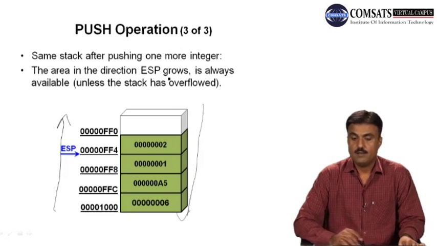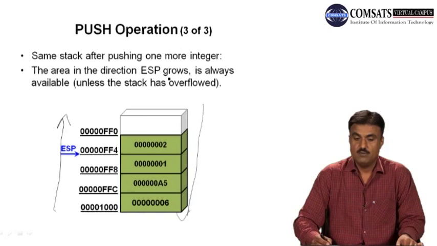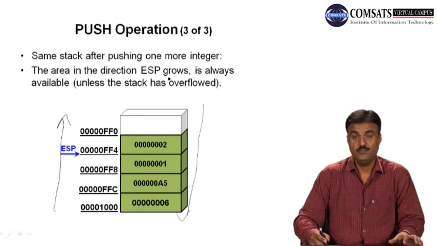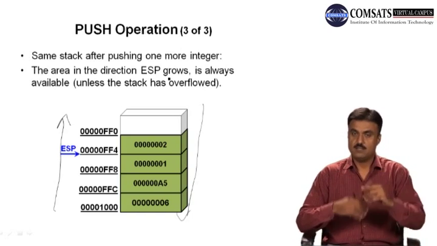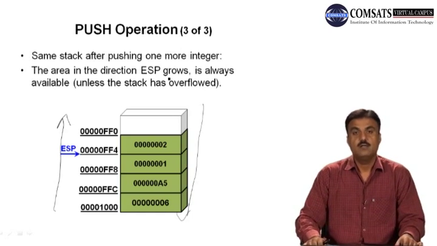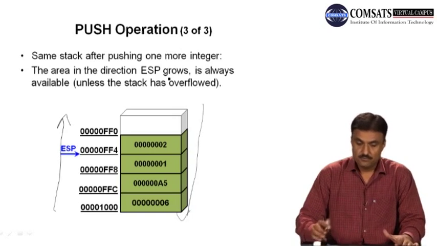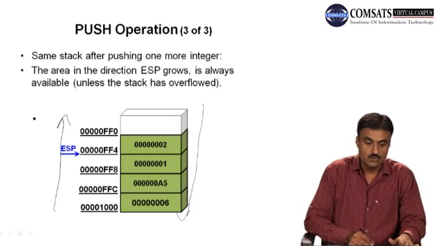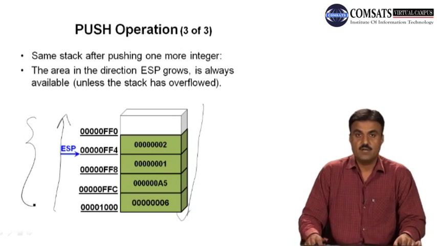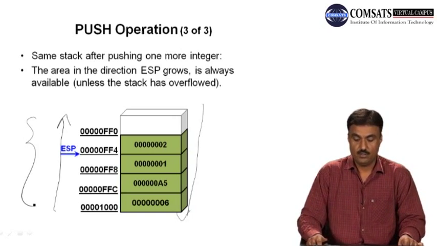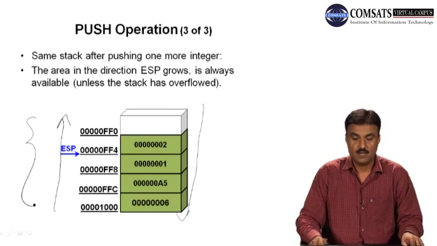For example, a stack has some number of bytes allocated, and this area should be used as the stack. If the growth exceeds that number of bytes, it will give us a stack overflow error.